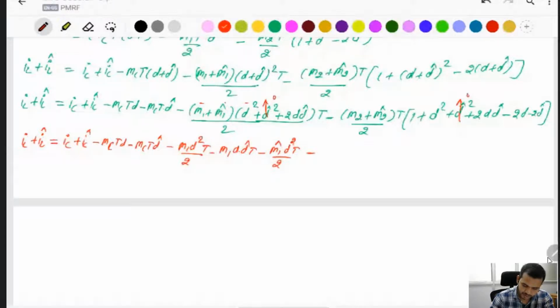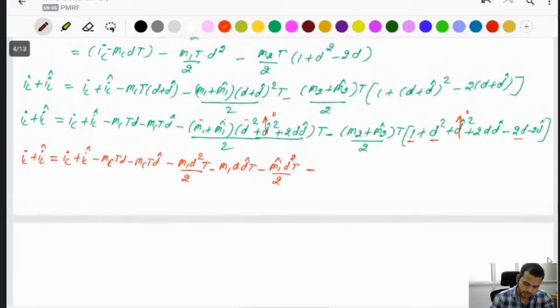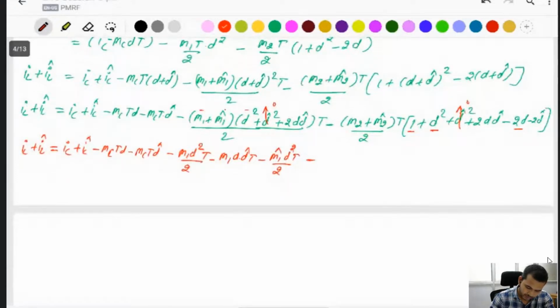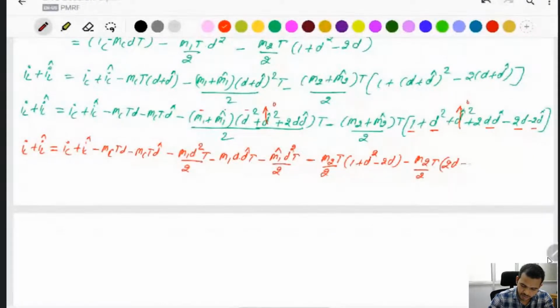Minus, the same thing applies here for the perturbation of M2: D square minus 2D plus 1 is (1 minus D) whole square. That's why I wrote here M2 T divided by 2 (1 plus D square minus 2D), and M2 multiplied by D cap here, then we find minus M2 T by 2 (2D minus 2) into D cap.